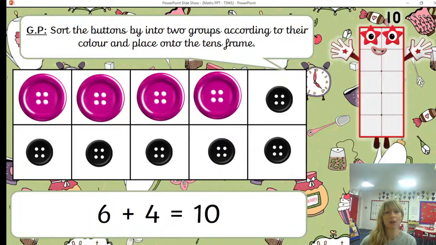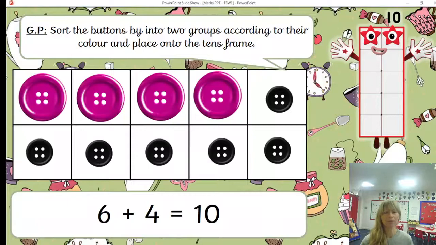So now we can say our number sentence, which is 6, and then we've got our addition sign or add sign or plus sign. It's all the same. 6 add 4 makes 10. Say it with me. 6 add 4 makes 10.